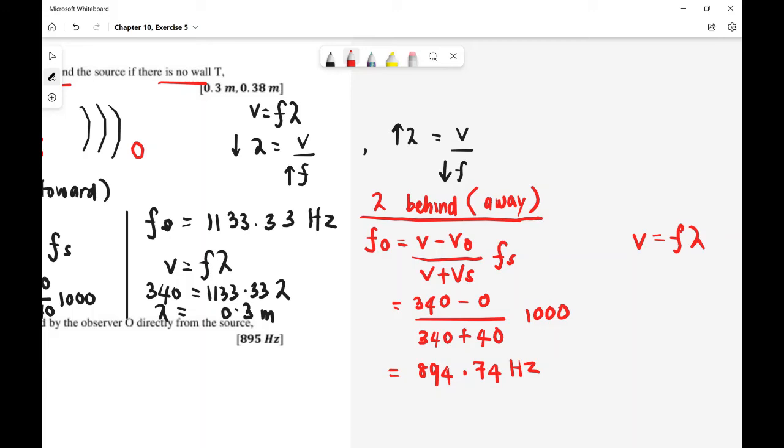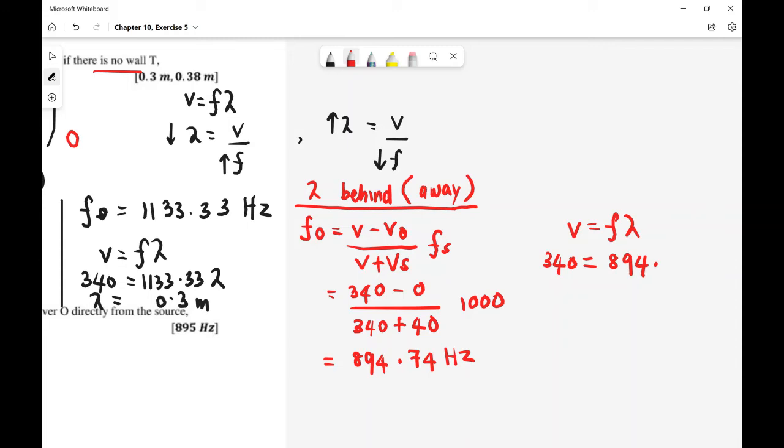Substitute V, which is 340, F is 894, frekuensi behind adalah 894.74 times lambda, it is the unknown that you have to find. So lambda equals 340 divided with 894.74. So jawapan dia adalah 0.38 meter. So nampak tak kat situ?